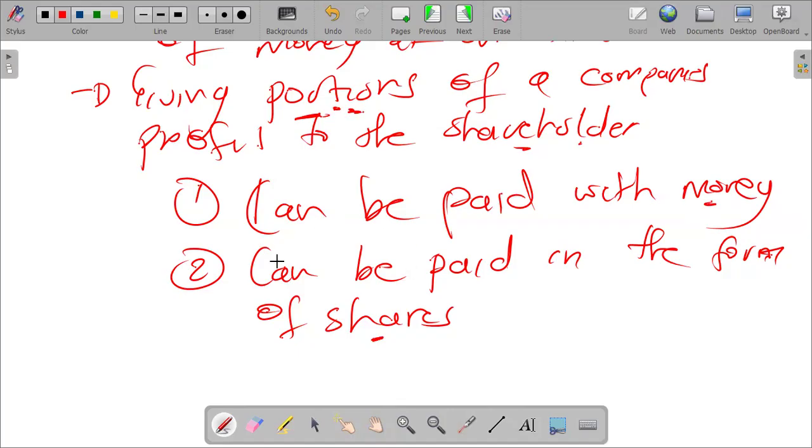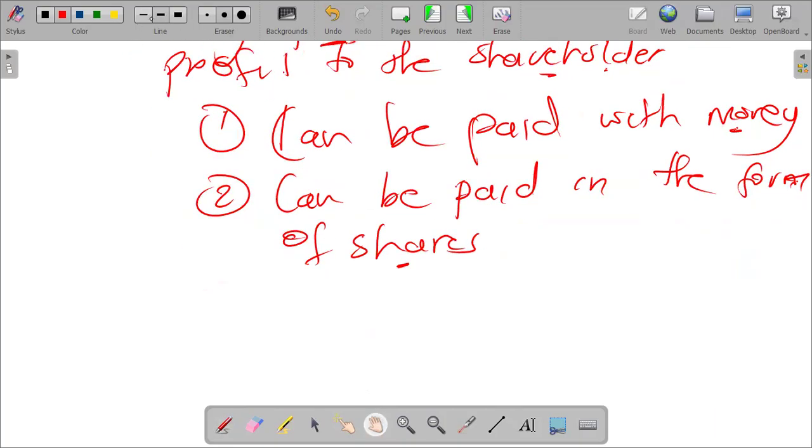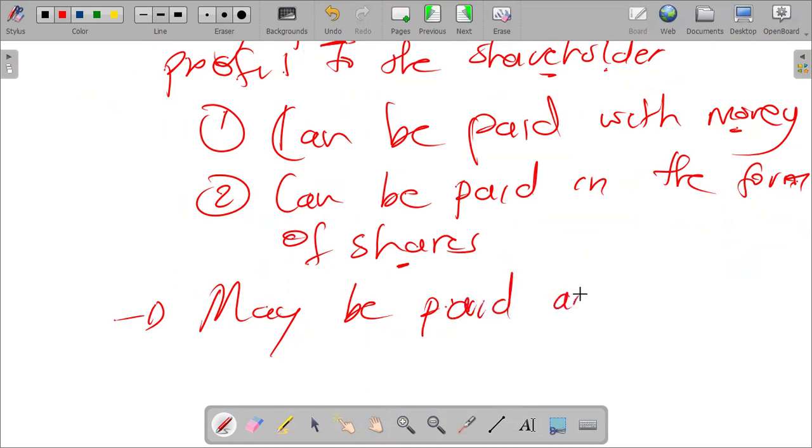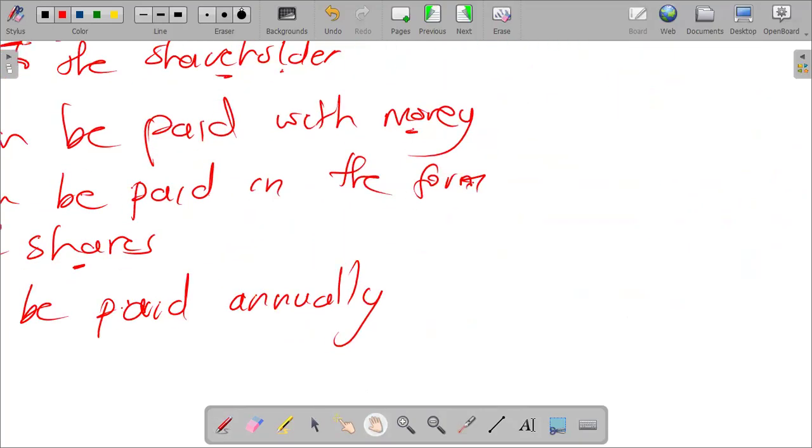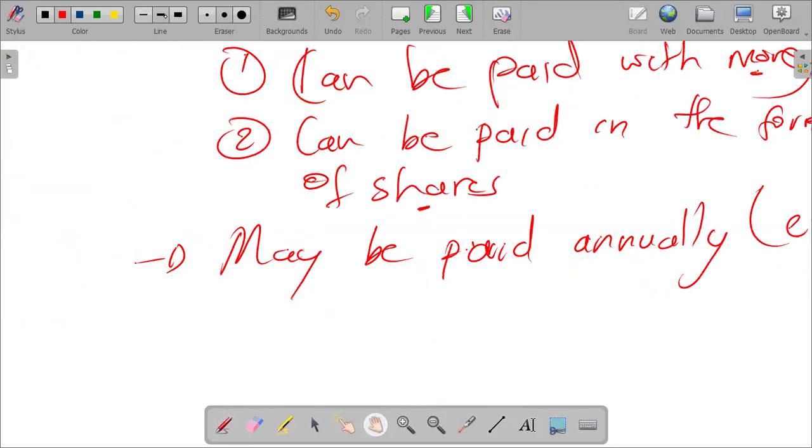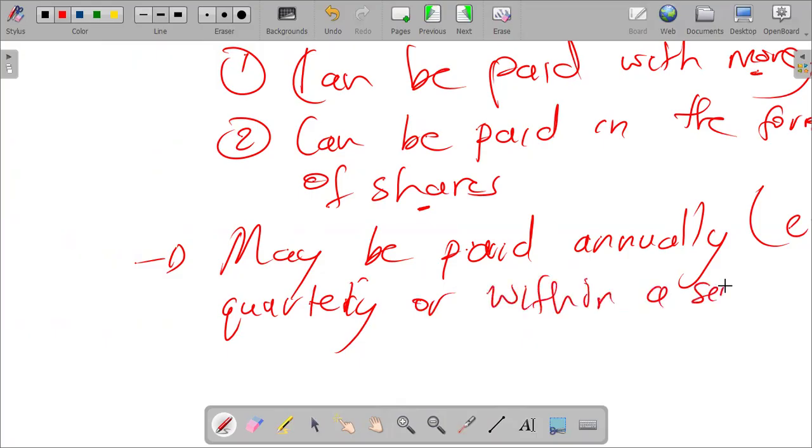These dividends may be paid annually, which is every year, quarterly, or within a semester.